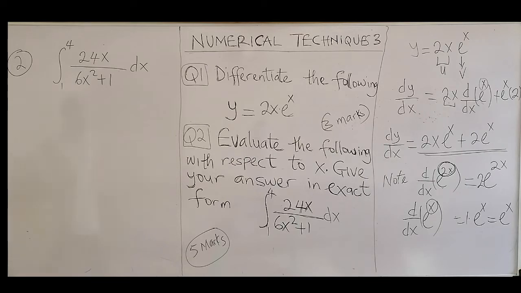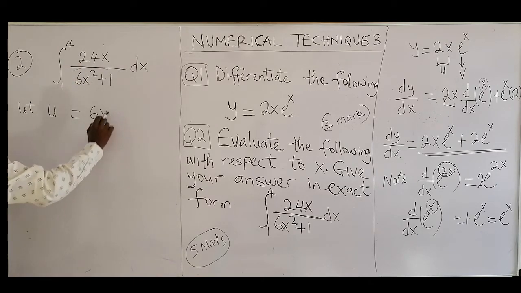And then when you are using change of variable, it's better for you to take the expression that looks bigger, that looks complex. Okay, so let u, this is power 2, this is power 1, so this is higher than this one. So let u be equal to 6x squared plus 1.